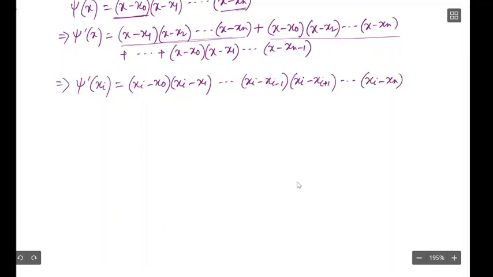That is the term obtained for differentiating the factor x minus xi, and keeping all others as it is. Only that term will be non-zero for x equals to xi, and all other terms will be 0.